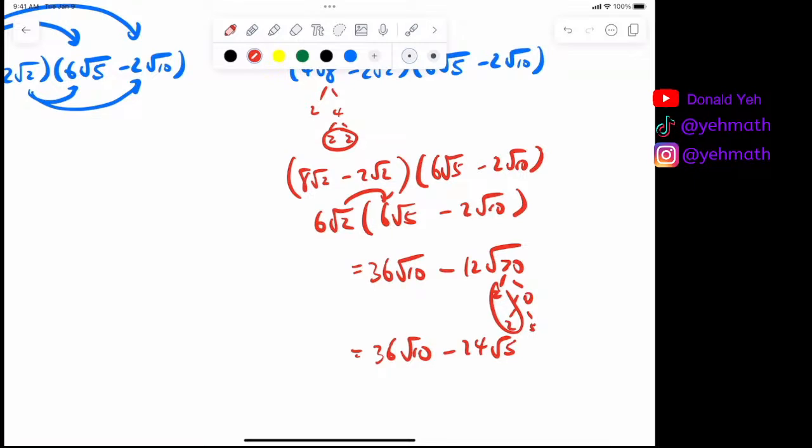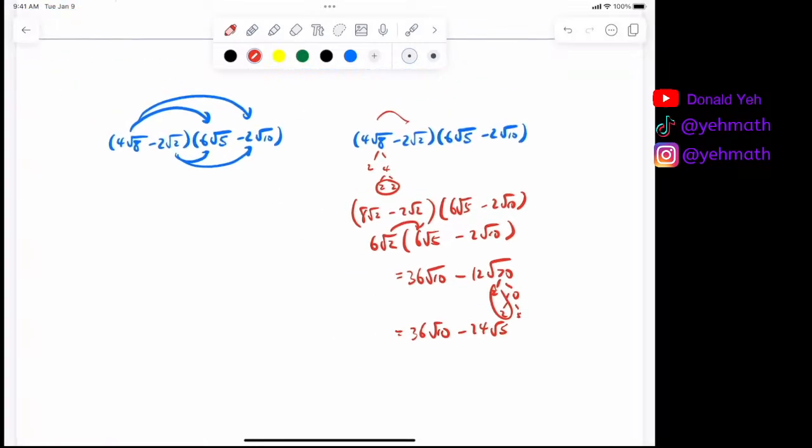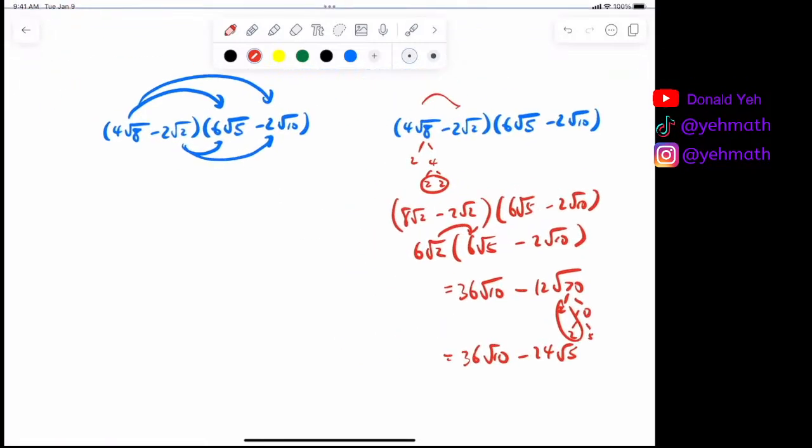Very impressive. Now, some people choose to do it this way. You can distribute it, so that's going to be 24 root 40. Now you can see the work is a lot more intense because there are a lot more terms, but the answer should be the same. So double check my math. Some of you guys are very good with that. So 8 root 80 minus 12 root 10 plus 4 root 20.